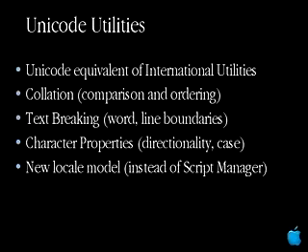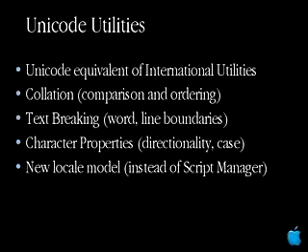They support text breaking, finding boundaries between text units like words, lines, or even clusters of characters. In addition, they provide access to information about characters, such as whether they're left to right or right to left, or upper or lower case, and these come from the Unicode 3.0 character properties database.